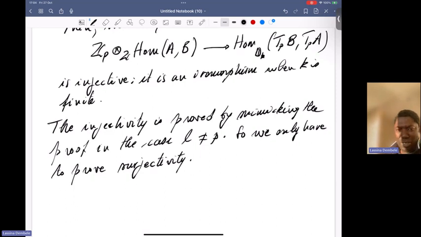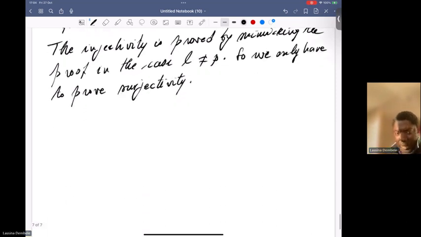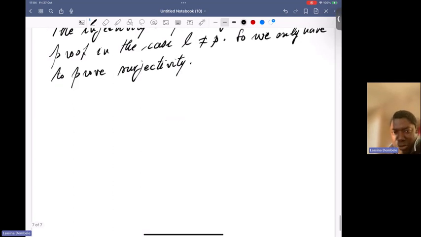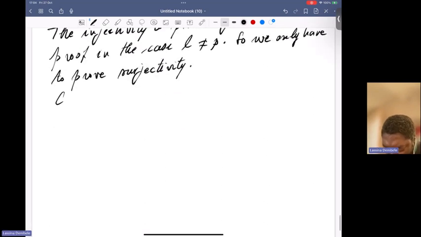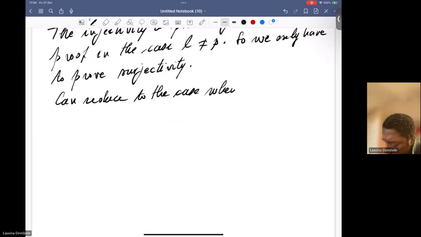The first thing that I want to observe is that, again, we can reduce the proof to the case when A is k-simple.